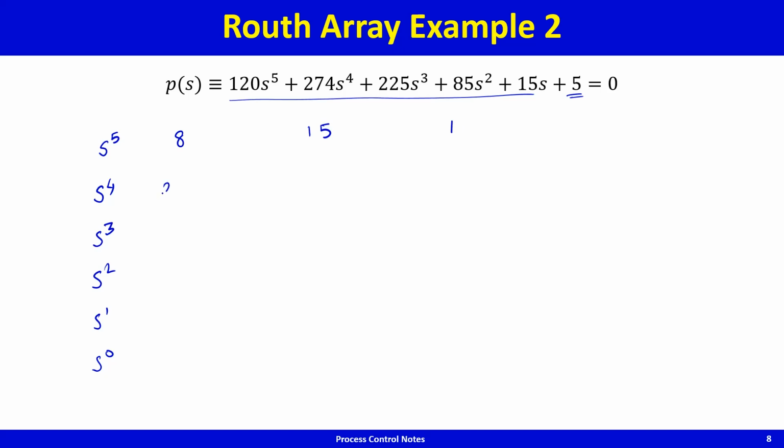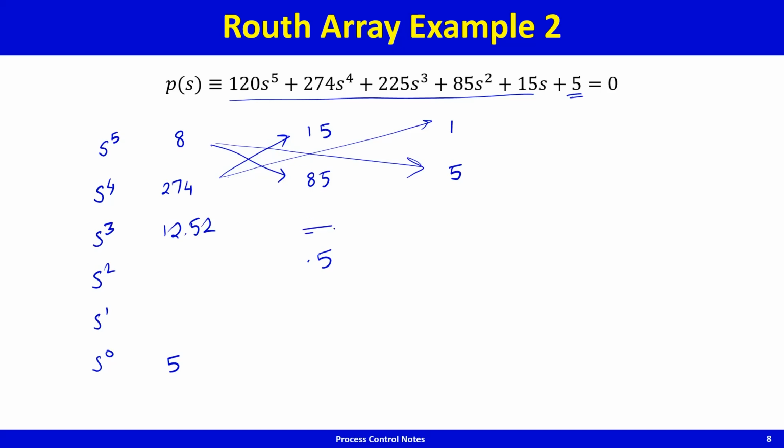This guy is going to be 274, 85 and 5, and I can immediately tell from previous this guy is going to be 5, and maybe this guy is going to be 5. No change here, so this guy is going to be 12.52 as before. This times this minus this times this, you are subtracting a larger number, so there will be some change here.